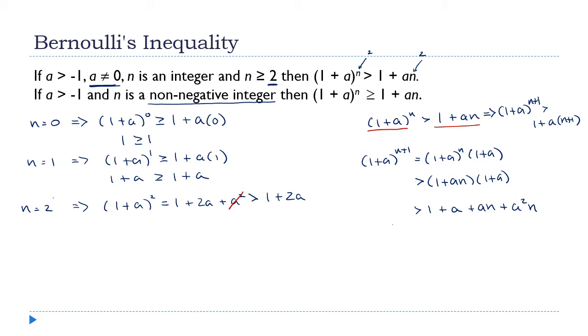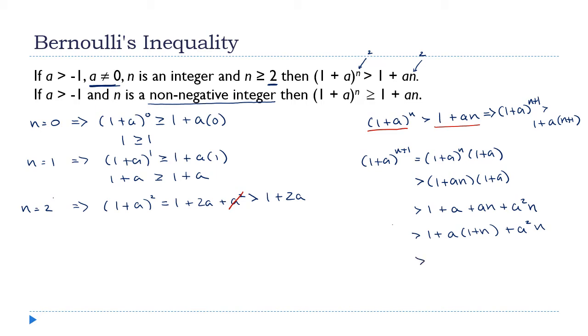Now I'm going to factor out an a from these middle two terms. This is greater than 1 + a times (1 + n) plus a squared n. Well, a squared times n is a positive number, right? So if I take this away, the result is even smaller.